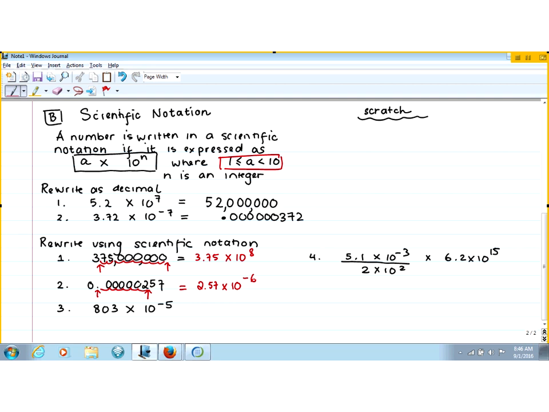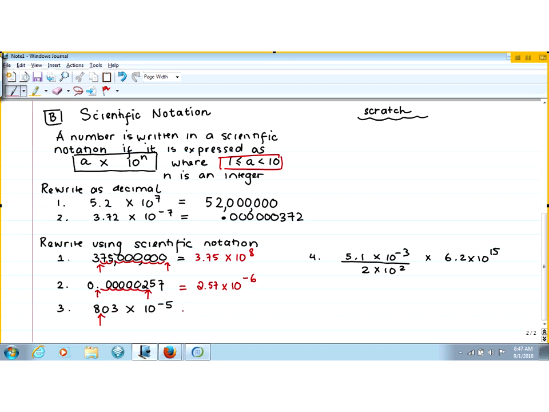803 times 10 to the negative 5. Is this in scientific notation? Not really. Why not? The 803 here, this is greater than 10. So it should be what? 8.03. Okay?